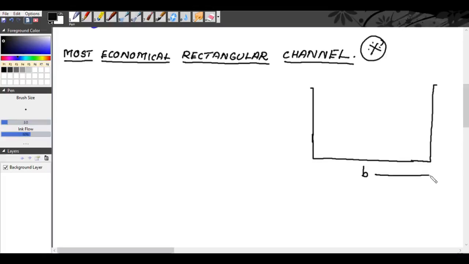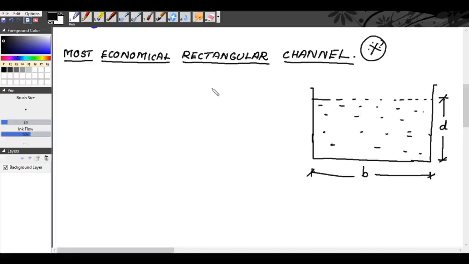We will take the breadth of the channel as B and the depth of flow of water in the channel as small d. So this is the depth of flow of water in the channel. Okay. Now, B is the width of the rectangular channel.